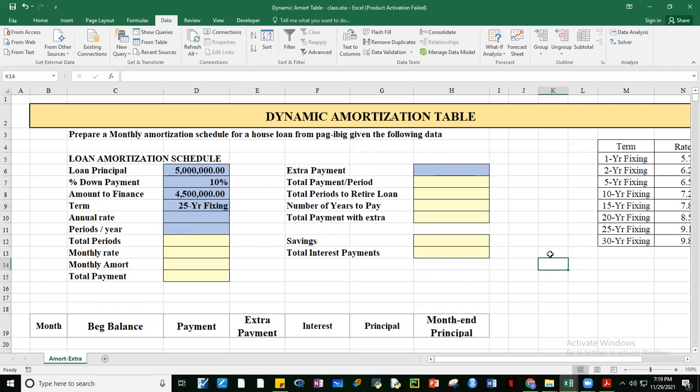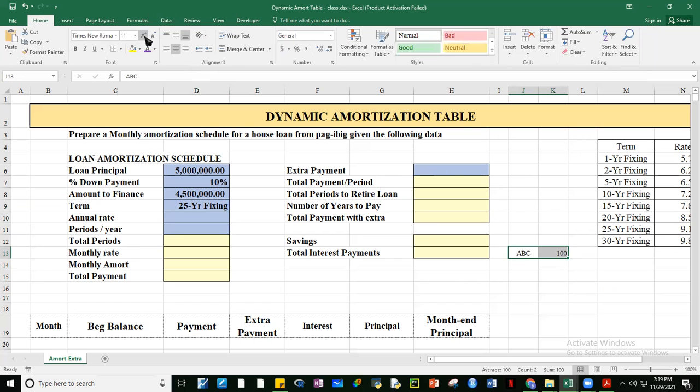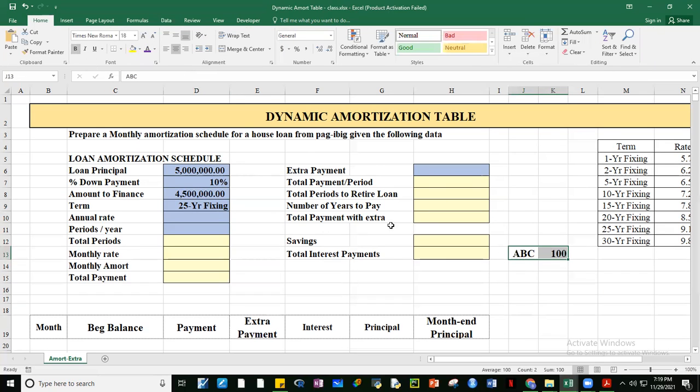25-year fixing. Now, if it's a text, for example, I type here ABC, and then times 100. Can we multiply a text with a number, guys? For example, equals ABC times 100. Can you do that? Kindly check. We're trying to pace our time.